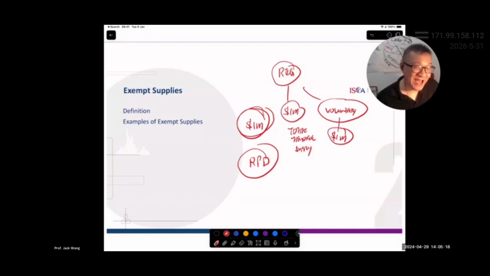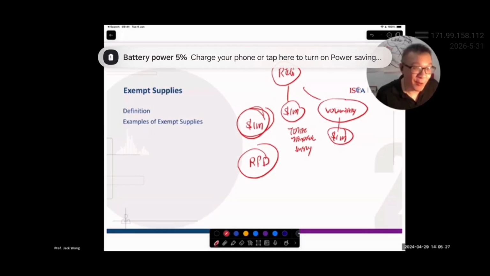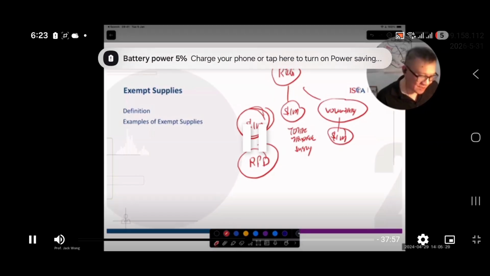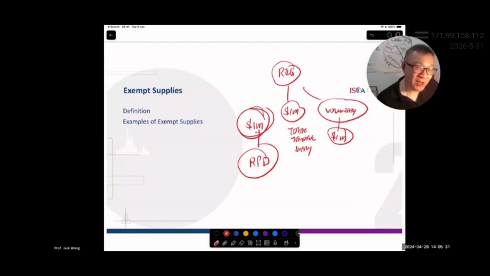Now the truth of that case was the company is not making other types of taxable supply because it's only doing residential property development. As a result, I told her that you are not allowed to register because you are not making any taxable supply at all. If you are not registered, then obviously you would not be allowed to claim input tax.